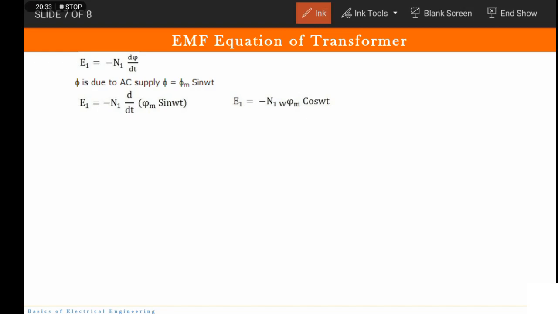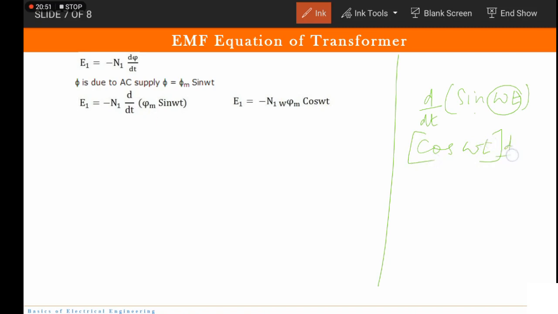Okay, I'll write that. d by dt of sine omega t: this is taken as a single variable, so this becomes cos omega t. Again it would be d by dt of omega t, and differentiation of omega t would be omega.